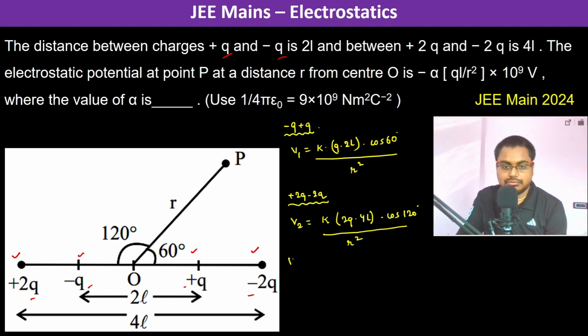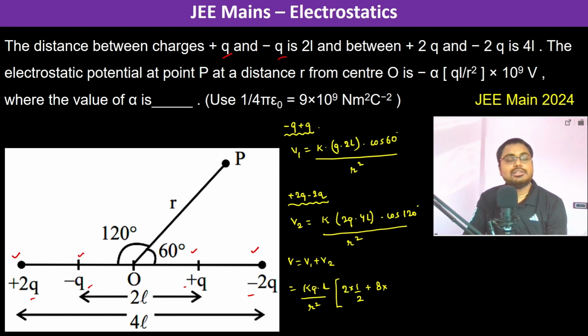So therefore V total is equal to V1 plus V2, which is equal to kQL by r square into 2 into cos 60, it's 2 into 1 by 2, plus 8 into cos of 120 degrees, which is minus half.